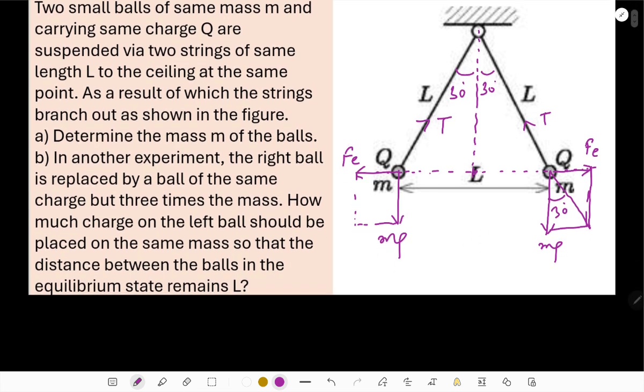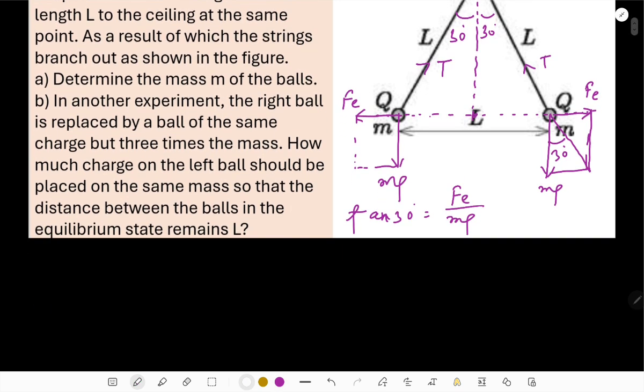That means I can write tan 30 degrees is equal to Fe, the perpendicular, divided by the base mg, the force of gravity. Since tan 30 degrees is 1 upon root 3, and Fe will be equal to kq square by L square, where k is the electric constant, 1 upon 4 pi epsilon naught, and mg.